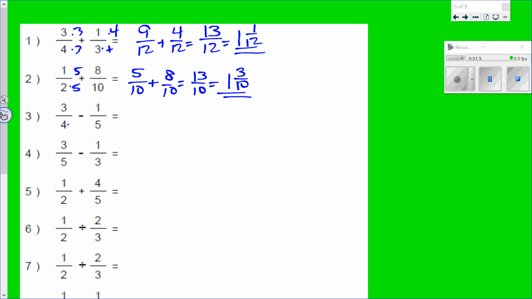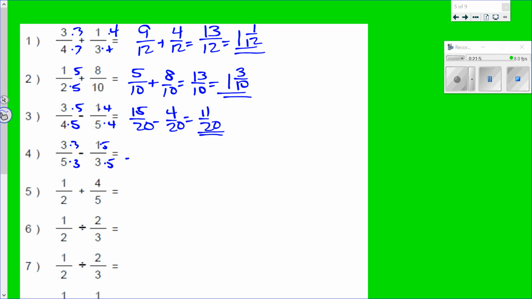This is going to be at 20. So multiply by 5 and 4. Gets me 15/20 minus 4/20. 15 minus 4 is 11. It's going to be at 15 again.